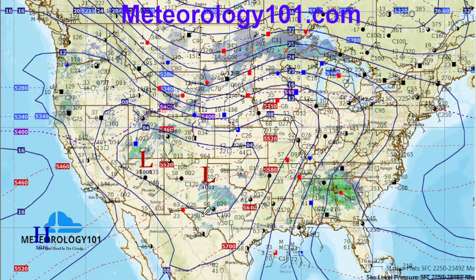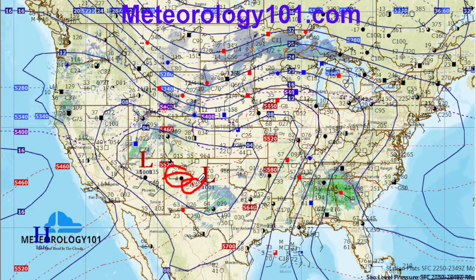If you see a 9, then you're going to add a 9 in front of it. It'll be 998.6 millibars. Now the C120, actually it's down to the bottom right of this station right here.